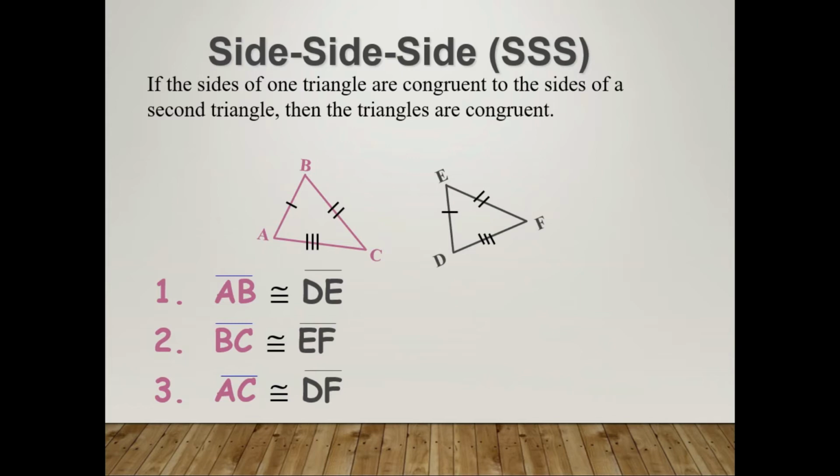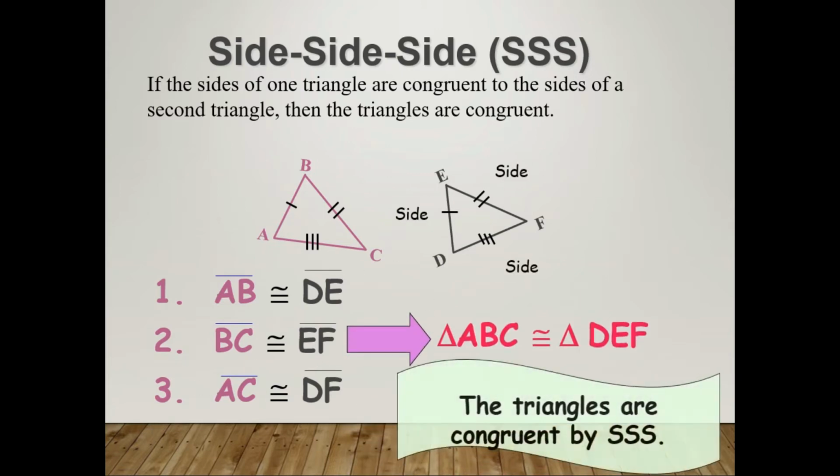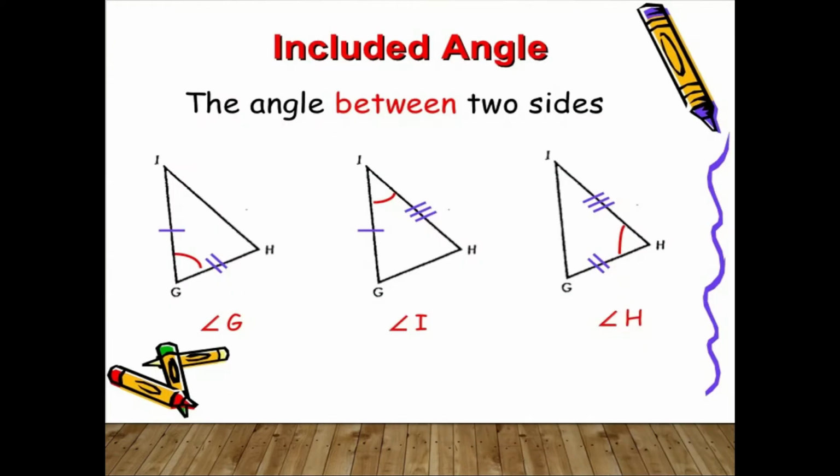Now we have already named the three sides which are congruent from the given triangle. And as the end proof, we can now say that triangle ABC is congruent to triangle DEF, and they are congruent by SSS postulate.